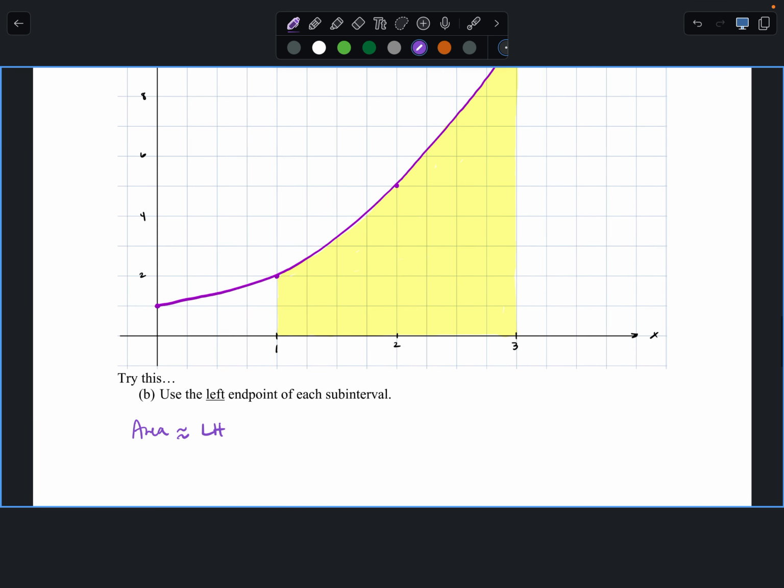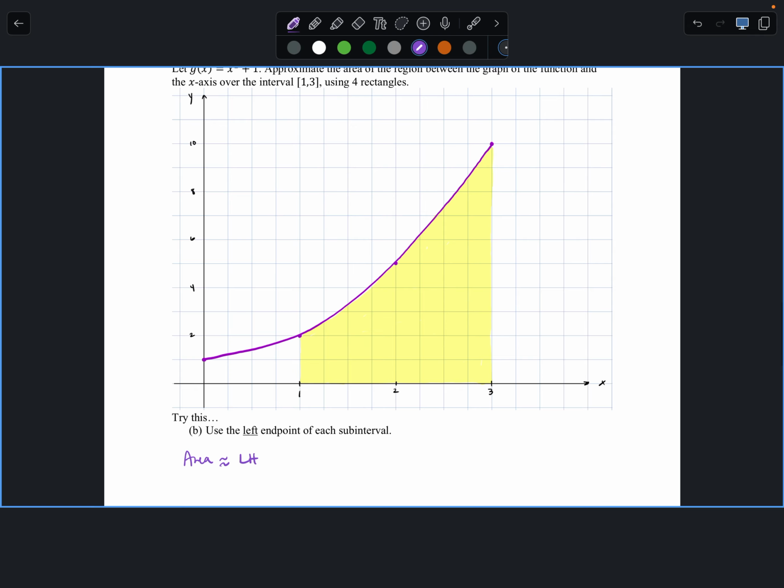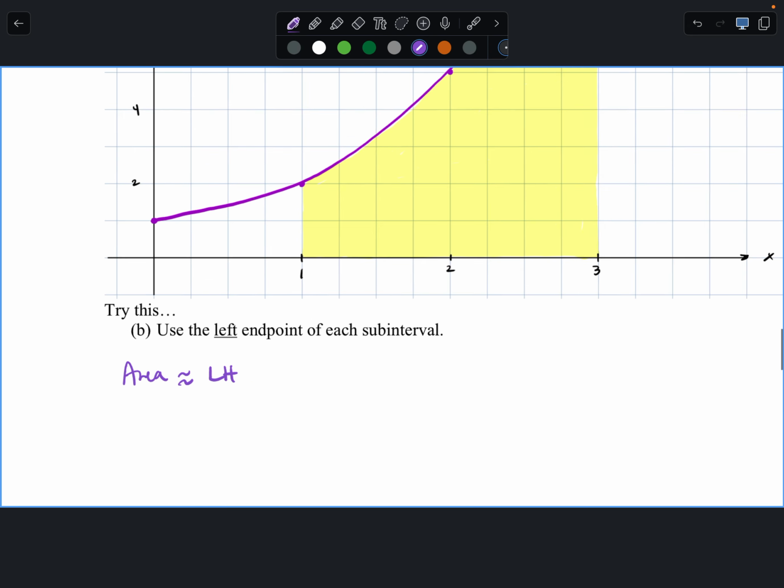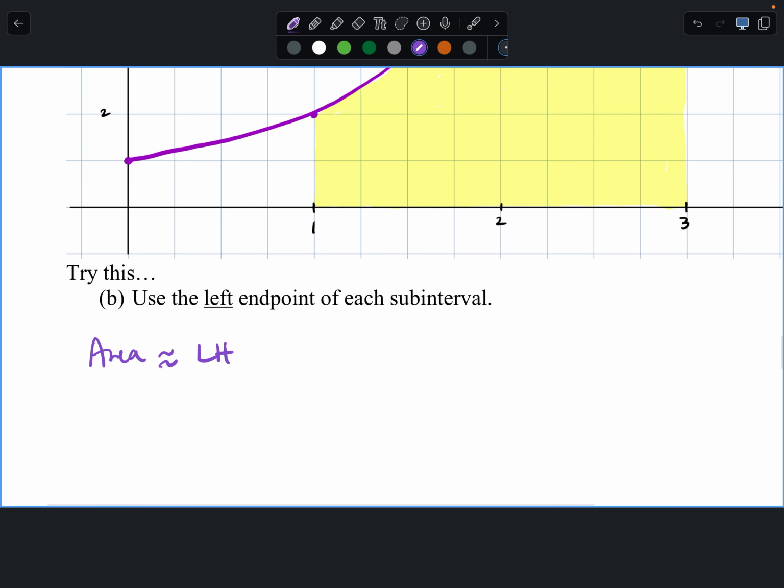What'd you guys get for the left-hand approximation? 8.75. Okay, and just to write this out, since this is the video, the width of each rectangle, because there are 4 rectangles, is 1/2. The heights are 2, 13/4, 5, and 29/4, where we end up with 8.75.